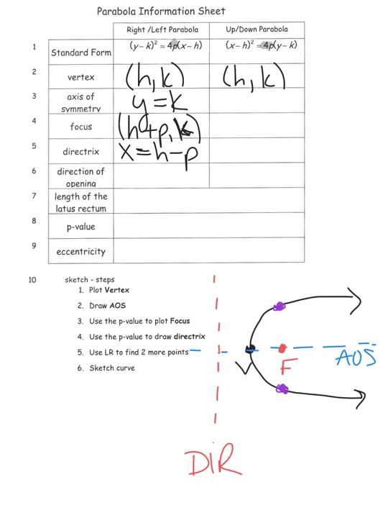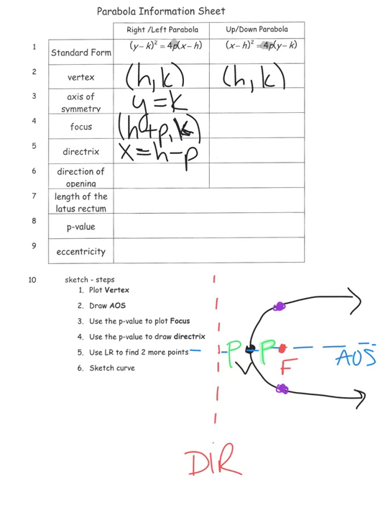So whatever that p-value is, it's being multiplied by 4. The p tells you, let me draw it on the picture, between the vertex and the focus, there's p units. It's p units away. From the vertex and the directrix, it's also p units away. So if I have the vertex, I can either count up or down, right or left p, and I get to the focus or the directrix.